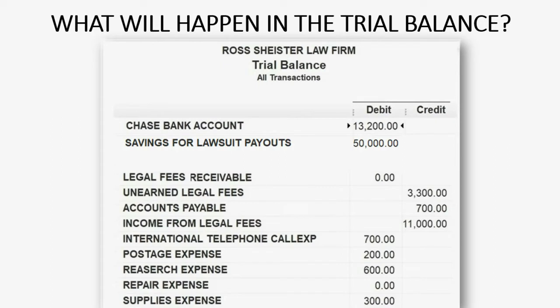And since we owe that money to clients for lawsuit payouts, then the account called Collections Payable to Clients, which is a liability, will also show up for the first time as $50,000. Let's take a look how to record it.